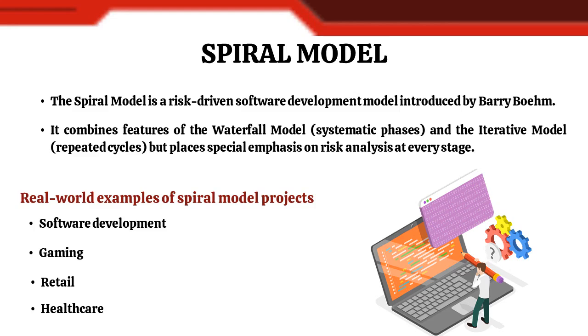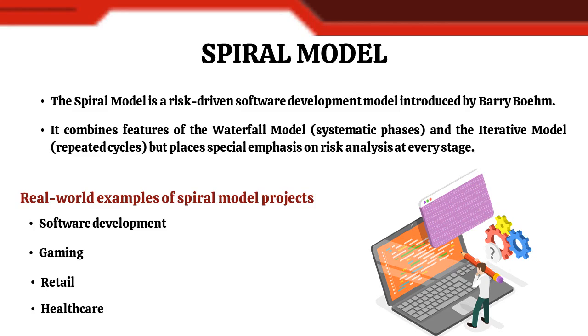What makes the spiral model unique is its strong focus on risk analysis. At every stage, risks are carefully identified and managed before moving forward. This makes the spiral model especially useful for large, complex or high-risk projects.